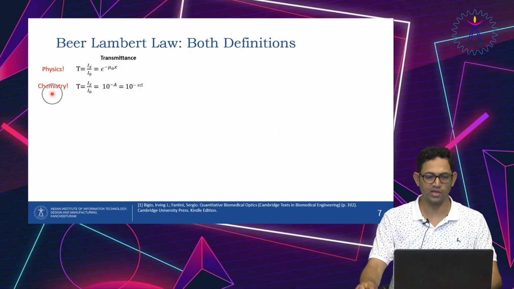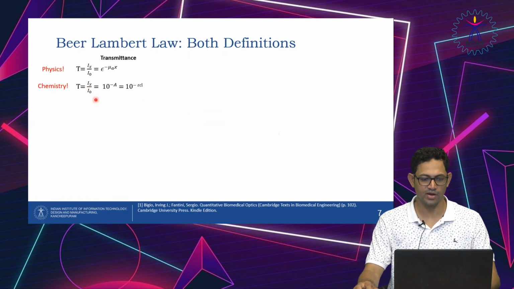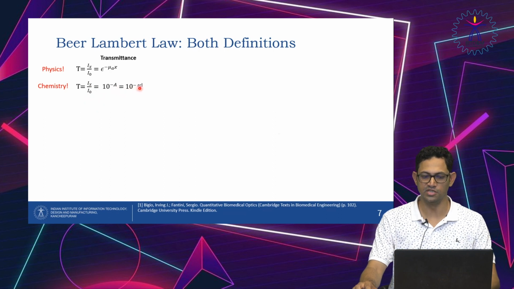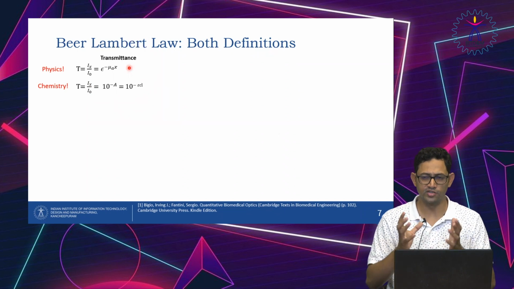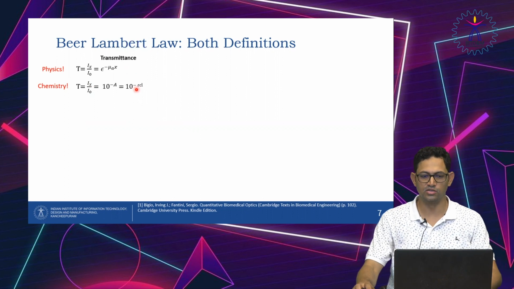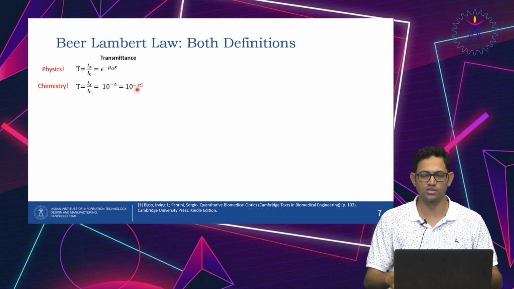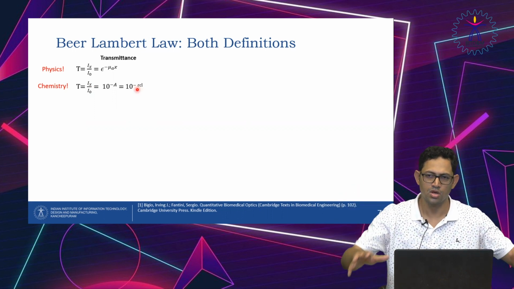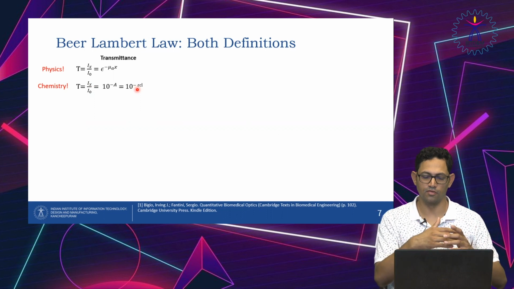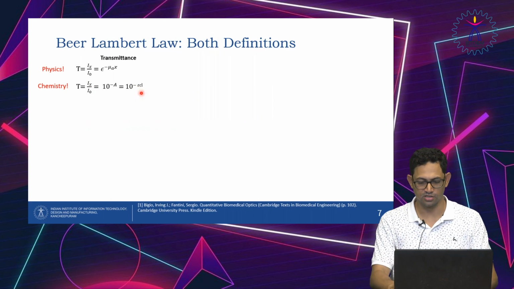And in the other form, in chemistry, it's just the ratio of your output intensity of light divided by the input intensity of light, and it directly relates to the concentration, right? The first one relates the absorption coefficient and the distance, how it spatially varies, and the second case just tells about the concentration. It doesn't talk about how it's spatially varying through a particular path of the light propagation, right? So these are the two main differences between both the definitions.